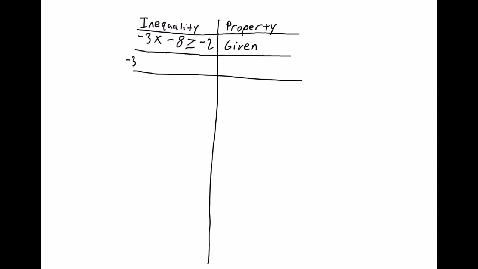So negative 3x minus 8 plus 8 is greater than or equal to negative 2 plus 8. And we added 8 to both sides, so the addition property of inequality.